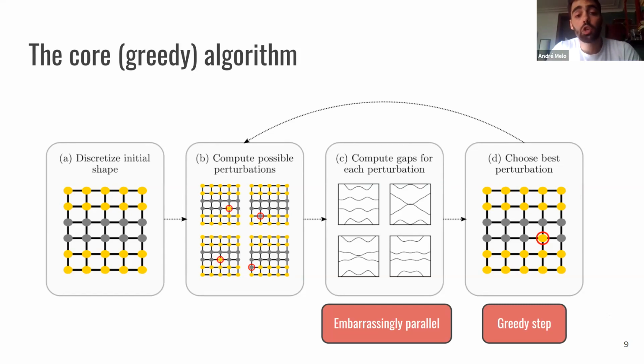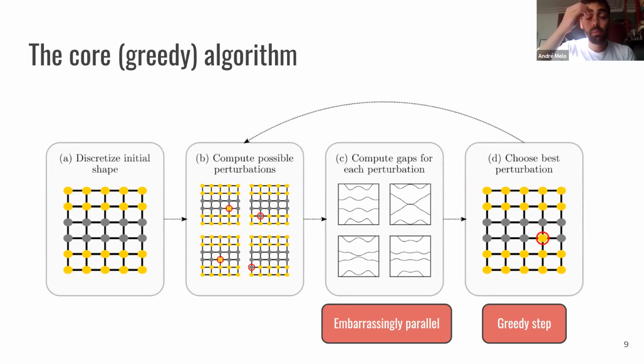So this can be done efficiently. And secondly, at each step, we're choosing the best possible perturbation. So this is known as a greedy step. This is a term from computer science for algorithms where at each point you're making the locally optimal decision. So that's why this algorithm is greedy.